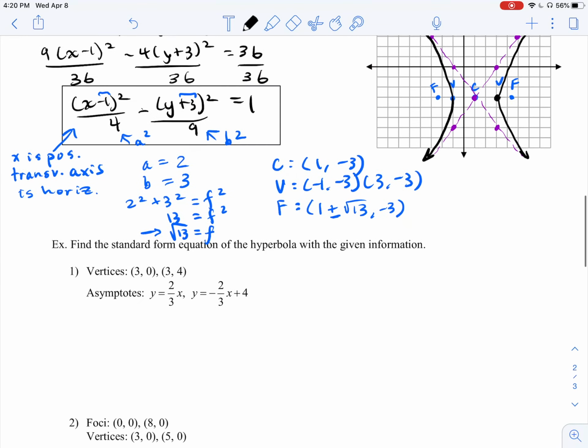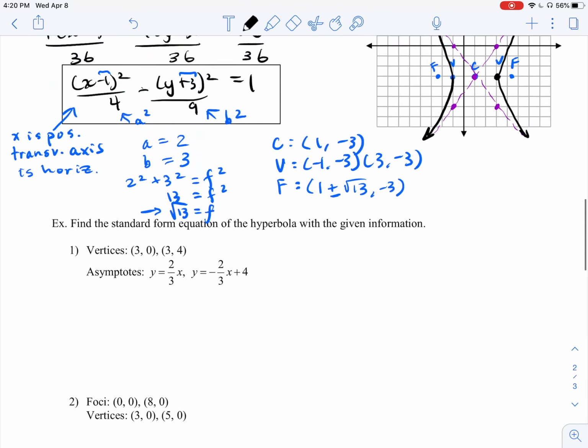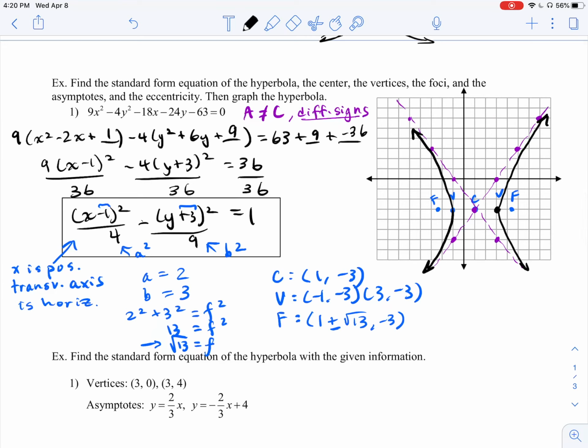Now let's try the next two problems. Oh, I forgot to mention, sorry. I never gave you the equation for these asymptotes here. So let's go ahead and write those equations. Y minus k, and our k is just the k value from our center.